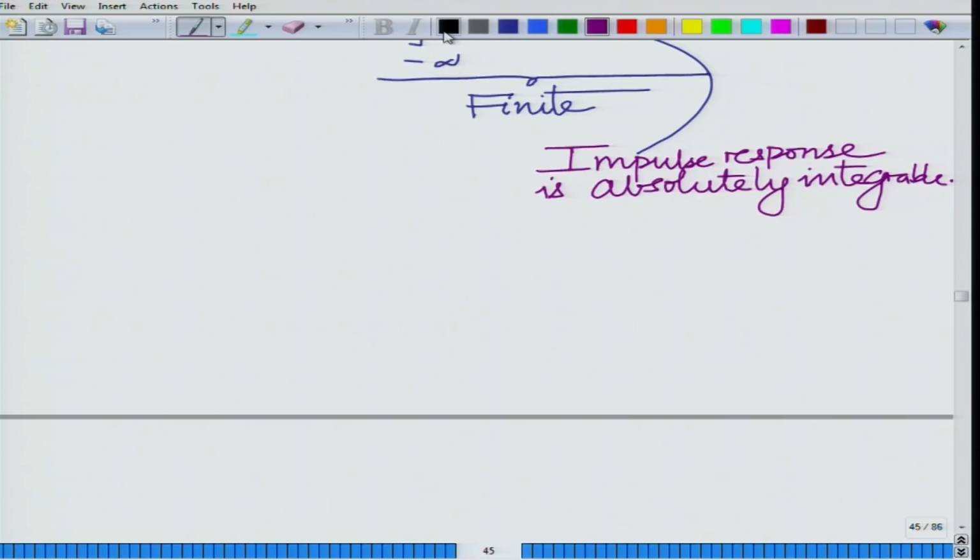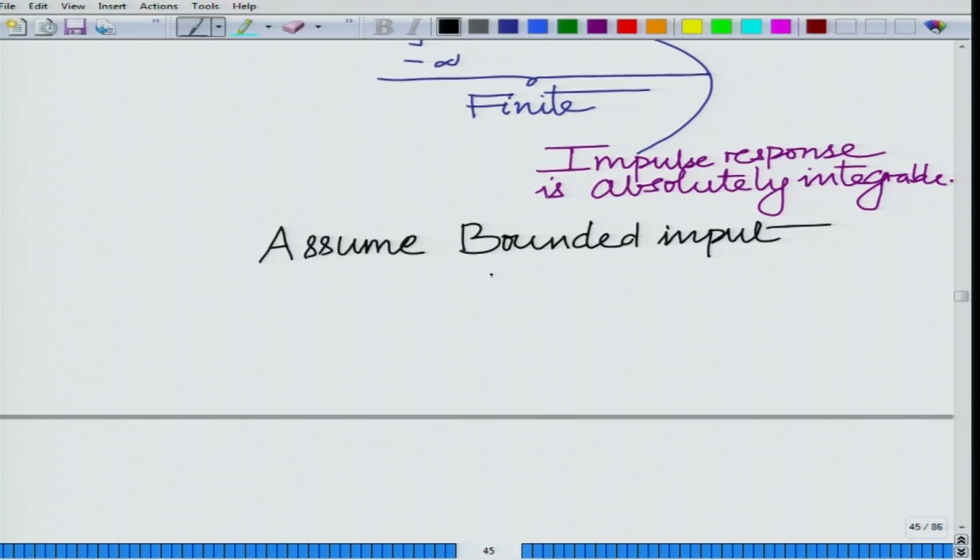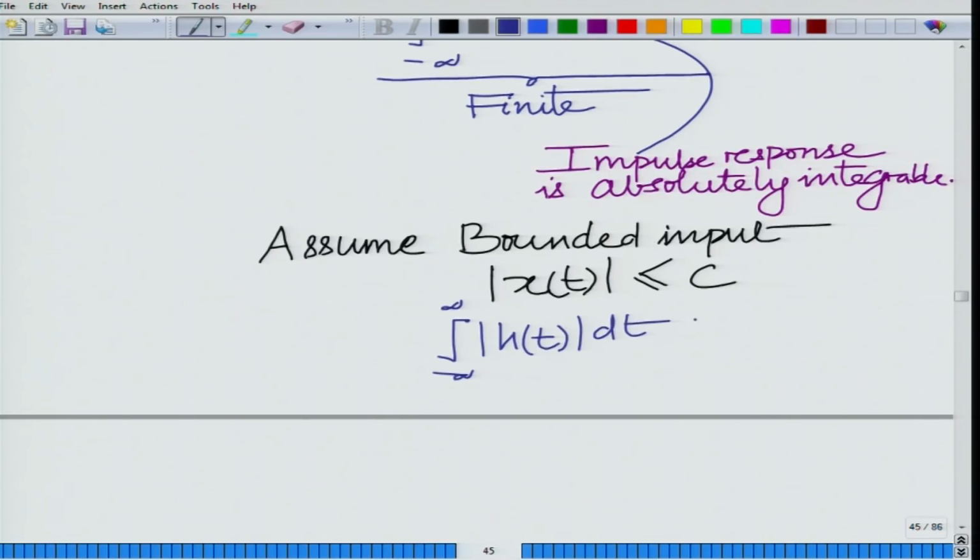Now let us assume we have a bounded input, magnitude of x of t less than or equal to c, and let us also assume that the integral from minus infinity to infinity of magnitude h of t dt equals some constant, let us say alpha.